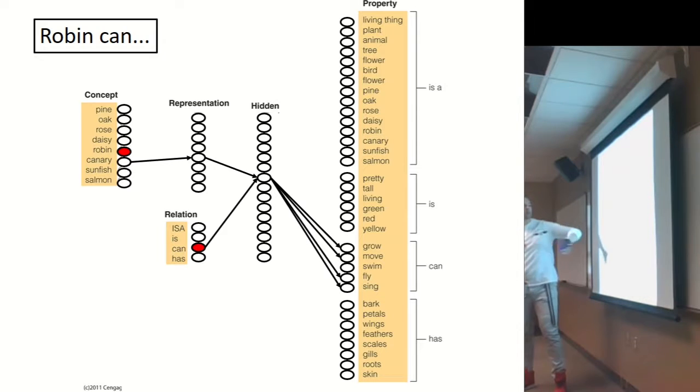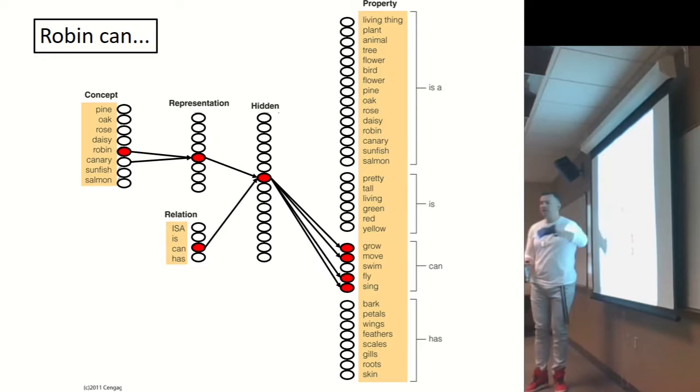So we activate robin, we activate can, this is the input unit, we activate that relation of can. And now we can take advantage of some of the things that we know about canaries and use those previous inputs to immediately represent that a robin can grow, can move, can fly, can sing.